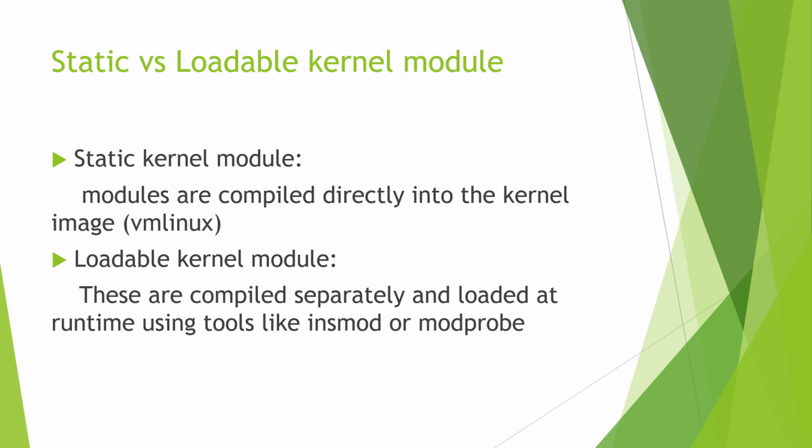Loadable kernel modules are very flexible. You can easily compile and debug them. You don't need to compile the entire kernel or reboot the entire system. Based on your need, you can directly insert or remove your kernel module using insmod or rmmod, which is very useful for debugging.